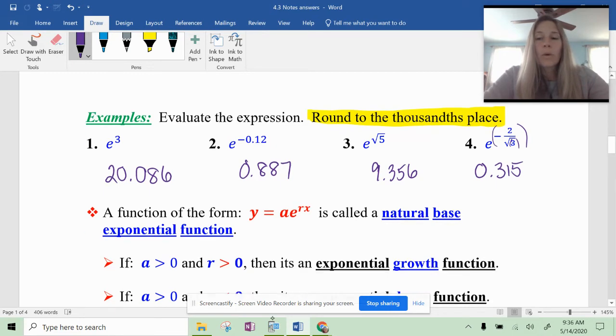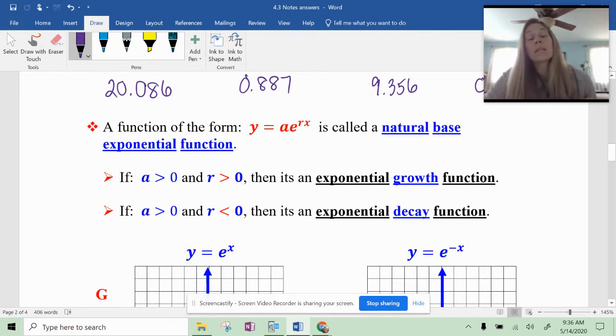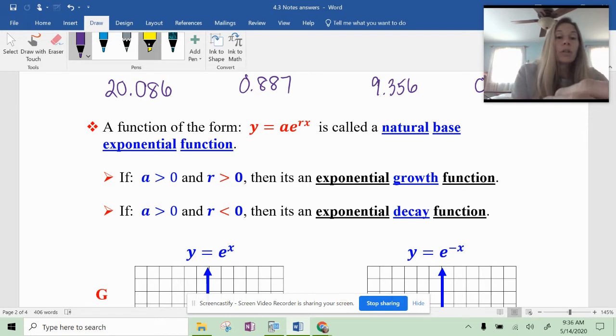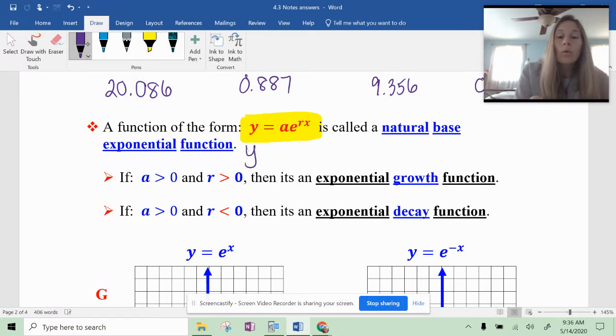Okay, so now we're going to do the same stuff we did the last 2 days with the exponential growth and decay functions. These are going to graph very similarly to that. So a function of the form y equals a times e raised to the rx, it's very similar. When we were doing growth and decay, we had a times b raised to the x.